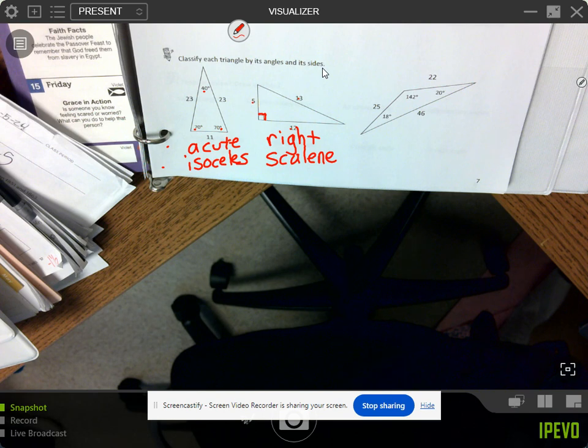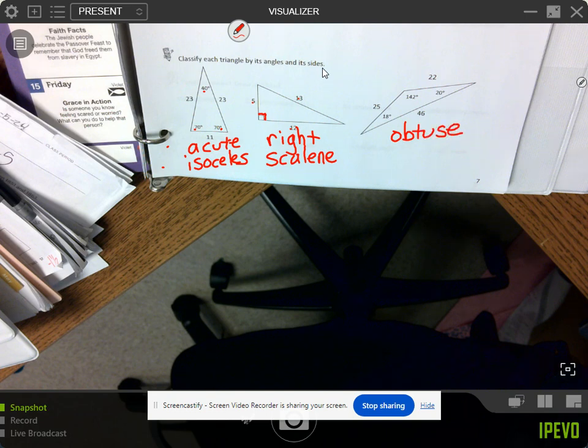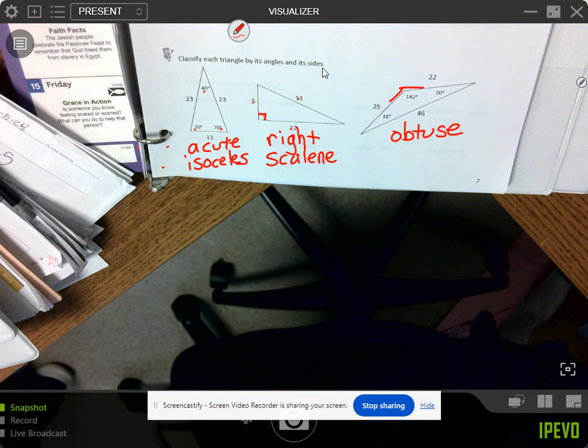Let's look at our last one. What type of angle triangle is this, Sawyer? Obtuse. How do you know it's obtuse? We have the obtuse angle right there, that 142 degrees is telling us it's an obtuse triangle because we have an obtuse angle in it.